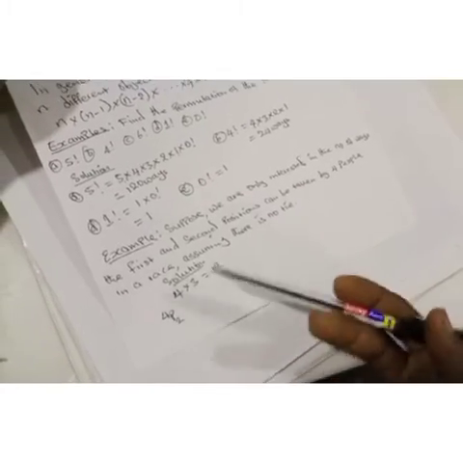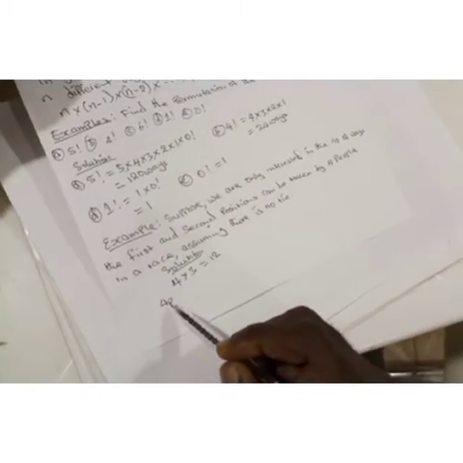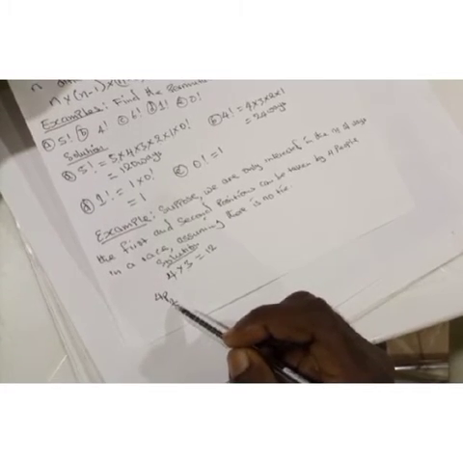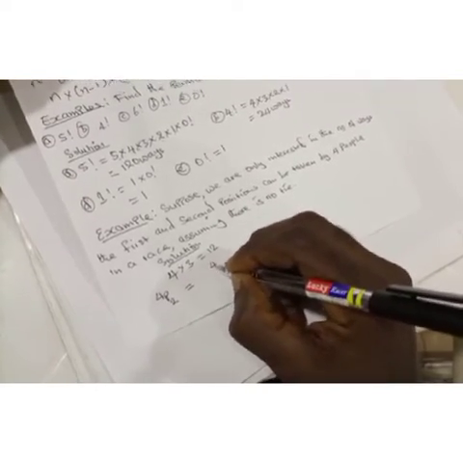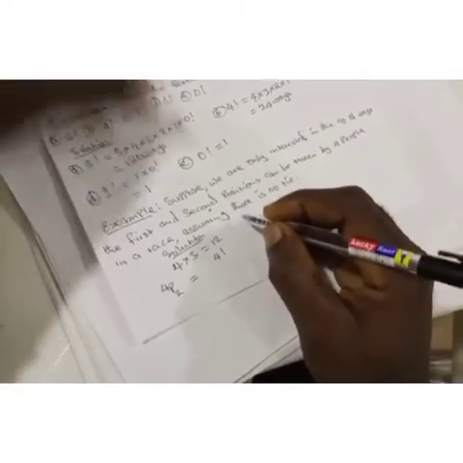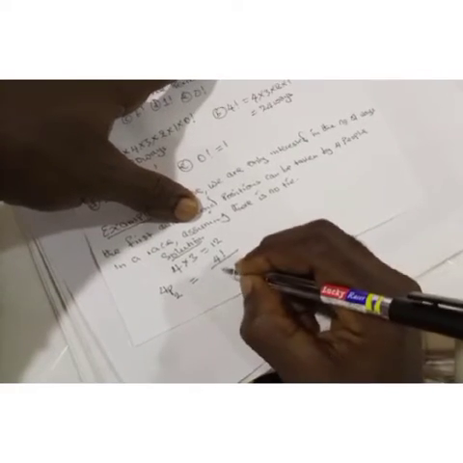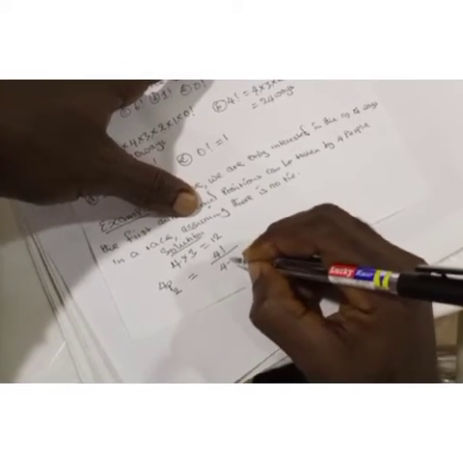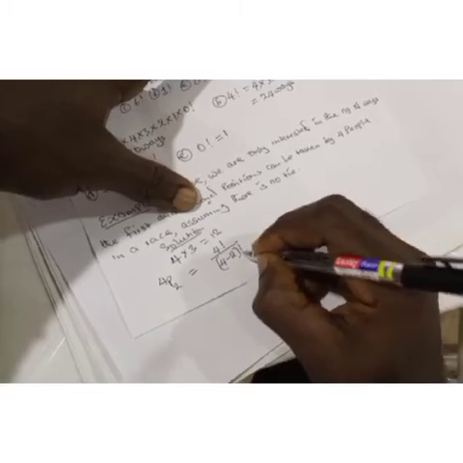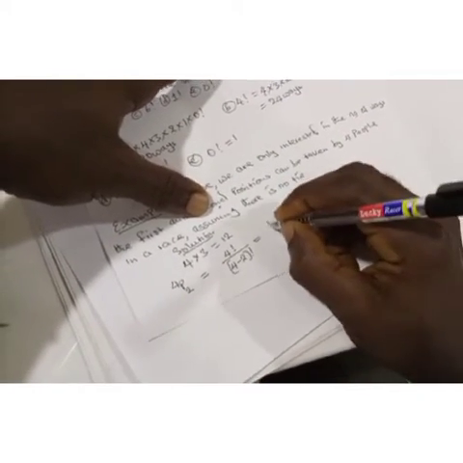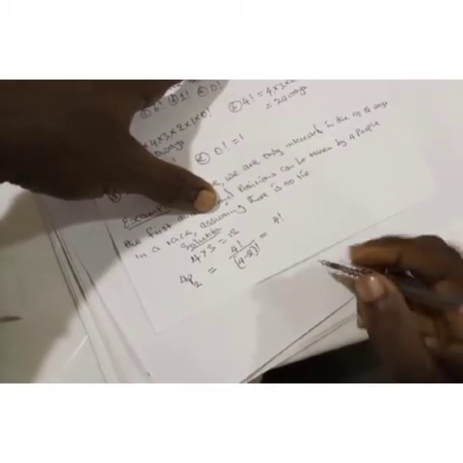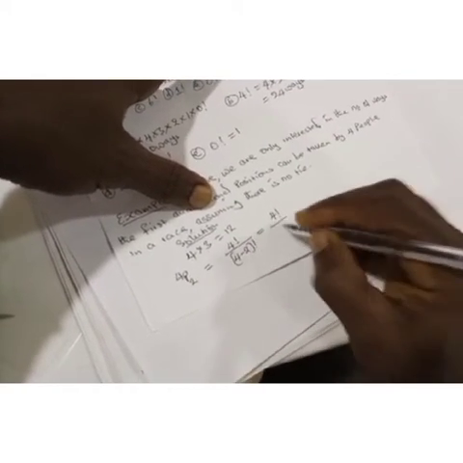That is 2 will be taken at a time. So when we have 4 permutation 2, it will be written as 4 factorial all over 4 minus 2 factorial, which will give us 4 factorial all over 4 minus 2, it will give us 2 factorial.